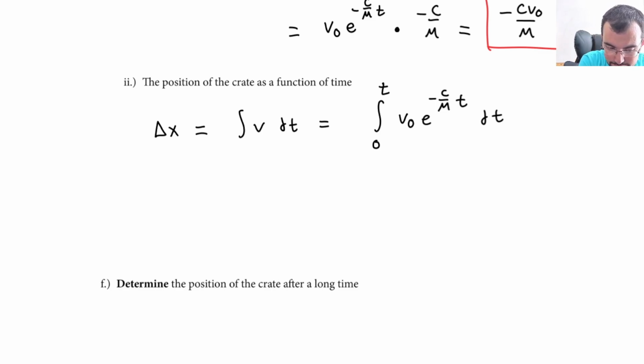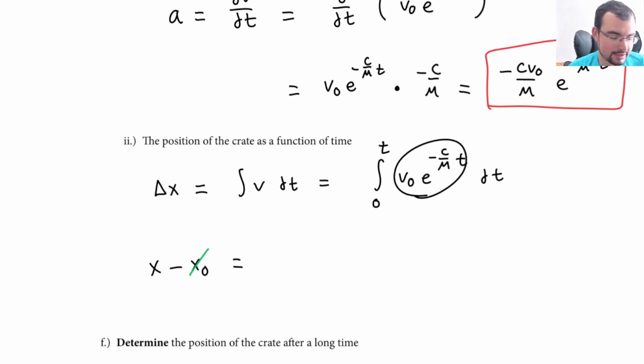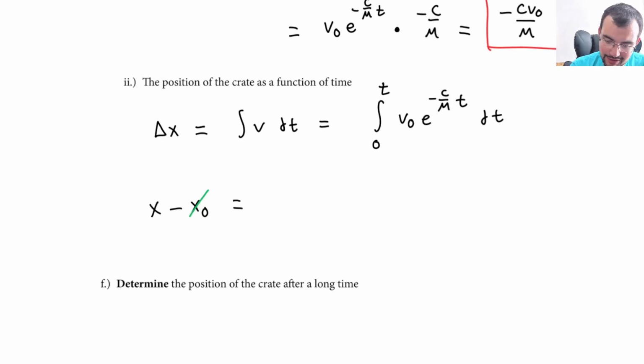So this would mean our final position minus our starting position, which is 0 in this case, so goodbye to that term, is equal to, well, if the derivative of this is the original function times negative c over m, we just have to divide to get the antiderivative. This would be negative m over c v0 e to the negative c over m times t evaluated from 0 to t.